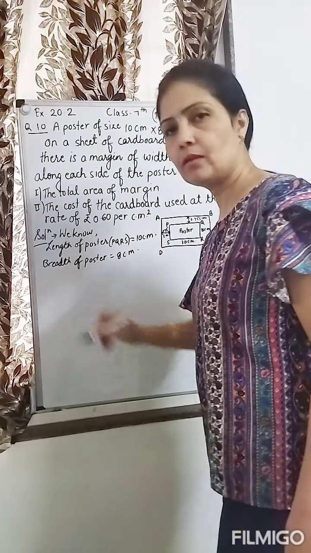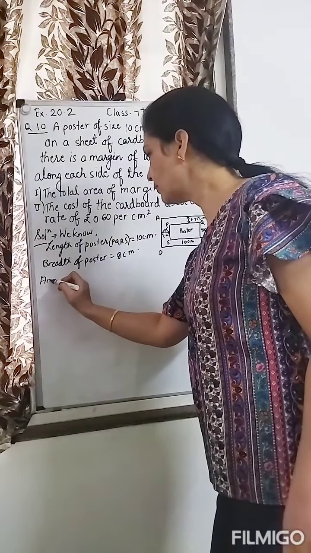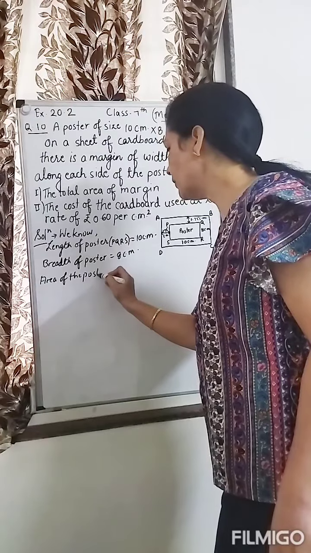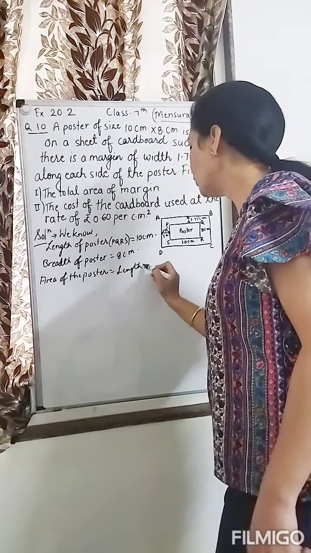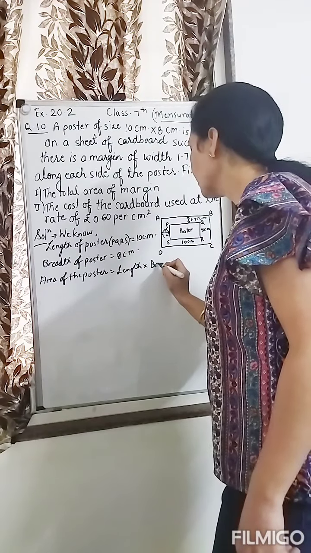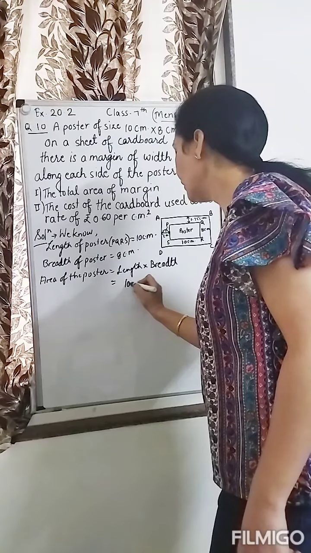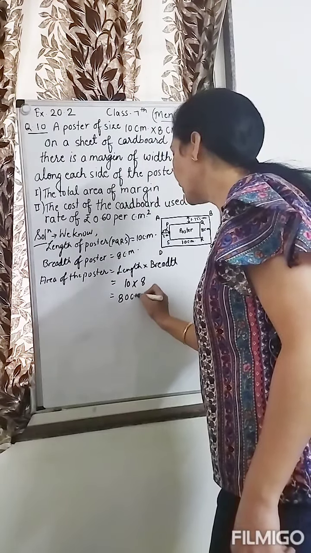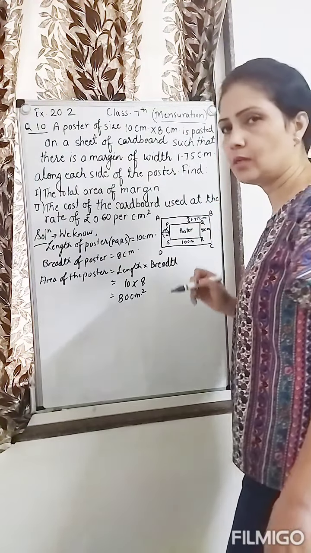So by using this length and breadth we can find out the area of the poster. So the area of the poster will be length into breadth. Length into breadth means 10 into 8 means 80 square centimeter. Okay, so this is the area of this poster.